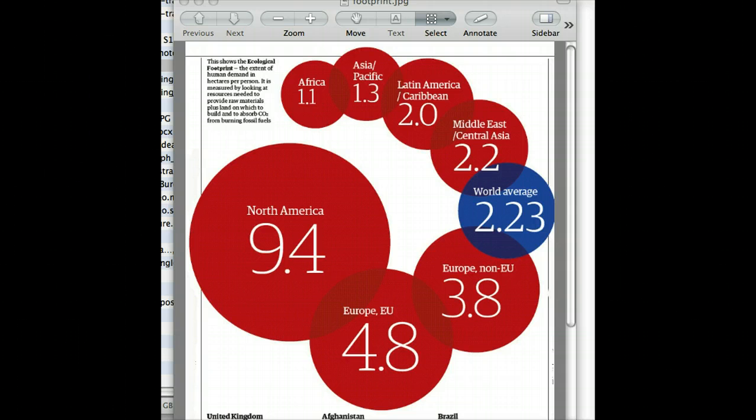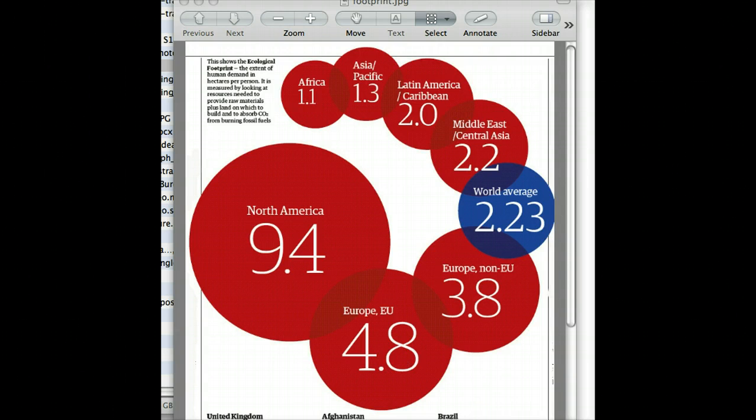So on a per person basis, North Americans make by far the largest ecological footprint per person, right? As it turns out, collectively, North America has the largest footprint overall compared to other nations as well. But this chart is looking only at the per person impact or ecological footprint.